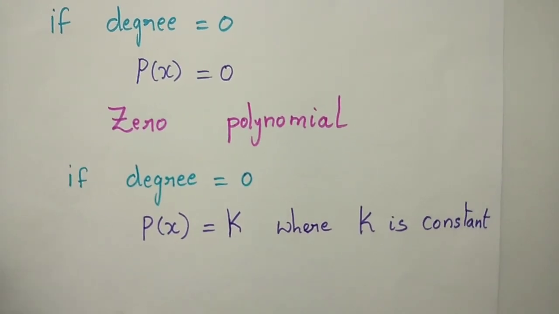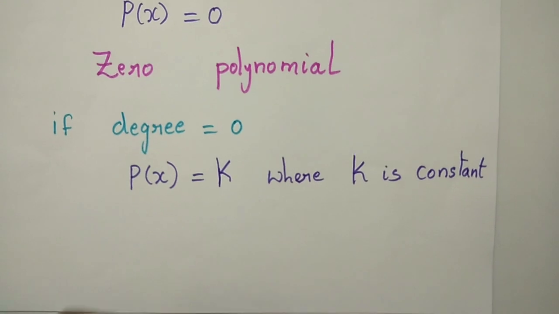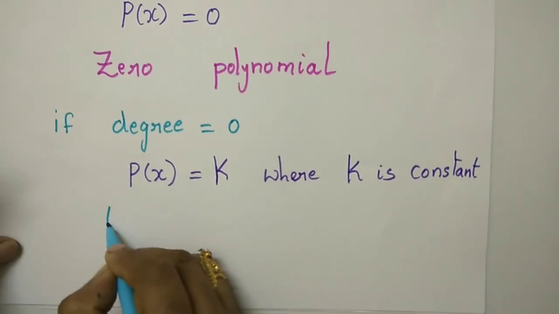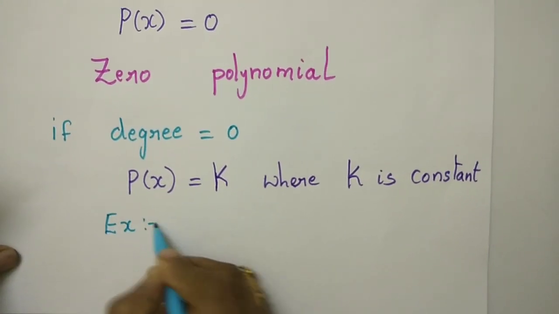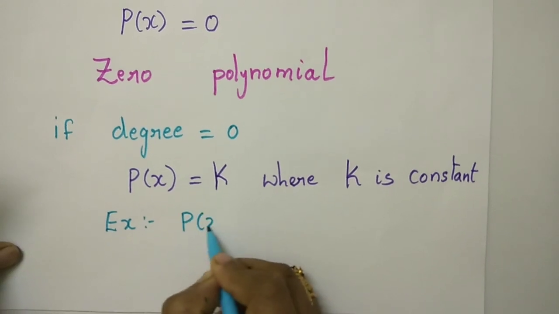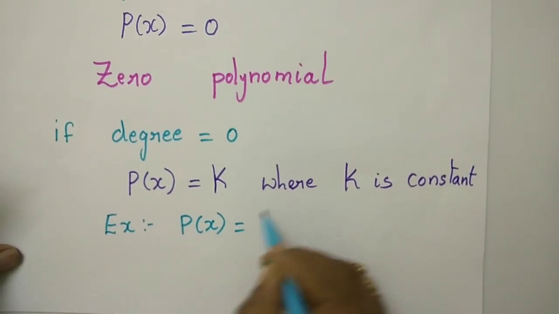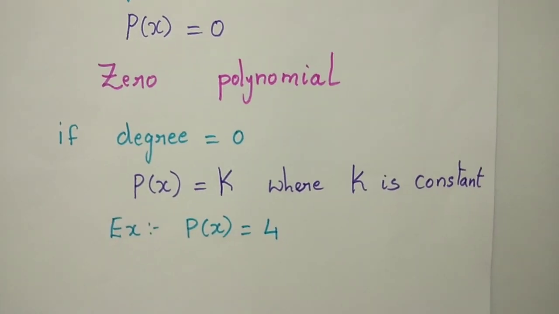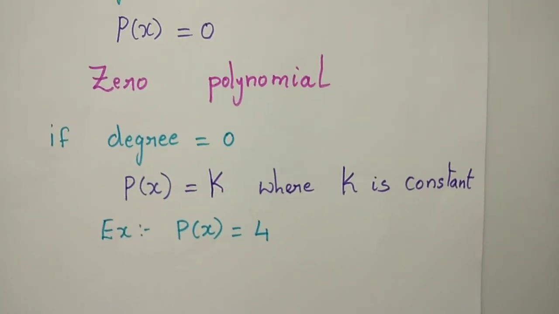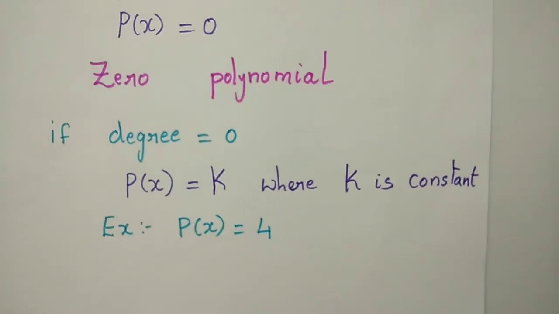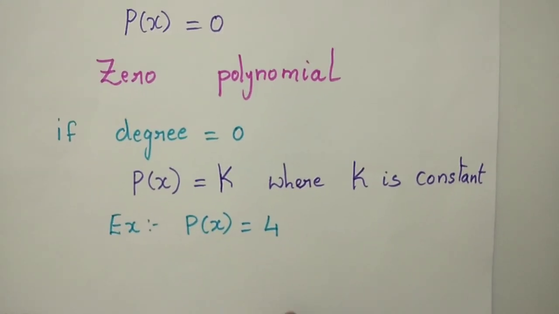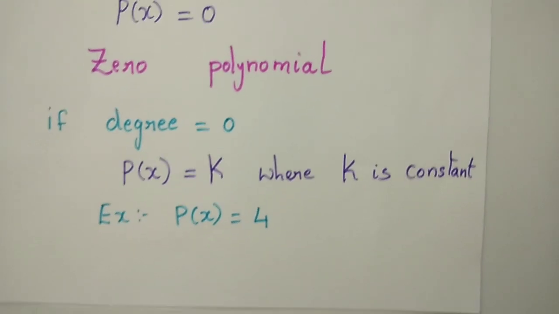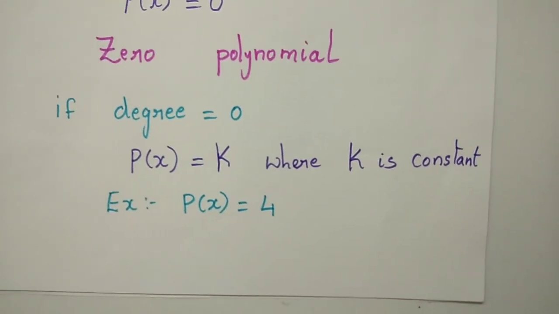Example, P of x equal to 4. It can be any number, any natural number. Natural numbers means any number starting from 1, 2, 3, and so on up to infinity.